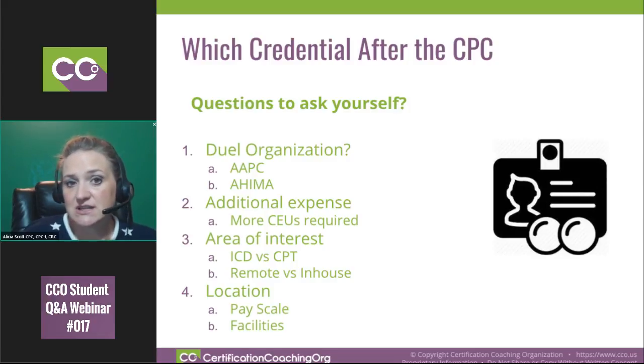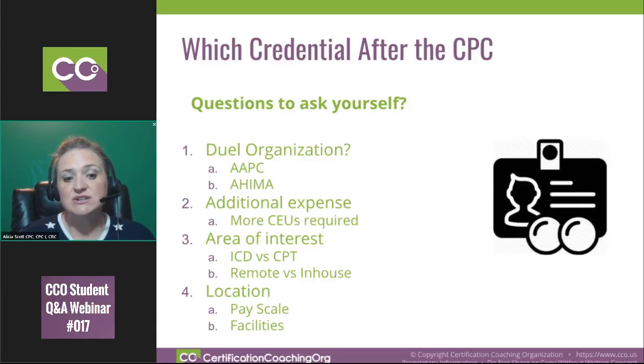Now, risk adjustment is not one of them. You don't need specialty ones. But if you're going to get, say, oncology, they're going to want you to get CEUs for oncology as well as for your other coding credentials. So that's an additional expense. Keep in mind that you want to plan for that and budget for it.